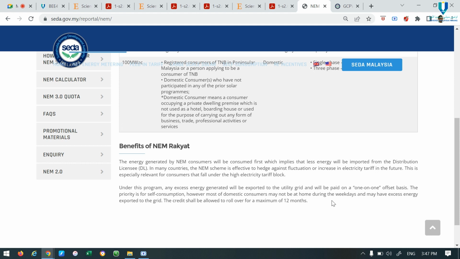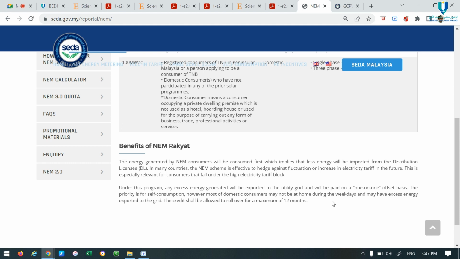I repeat, for example this June you generate 250 ringgit worth, the equivalent value of the kilowatt hours. Next month you use only 100 ringgit, maybe less on your electricity bill. So next month it becomes free because you have the credits of 250.